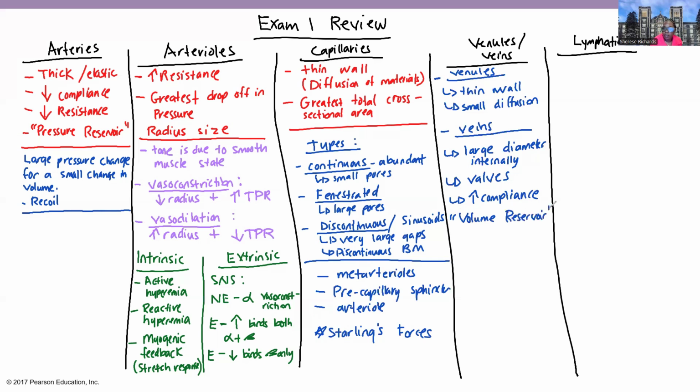Same sort of scenario that we described here as far as how we can compare the pressure change to the volume change. Here we're going to have a small pressure change for a large change in volume.